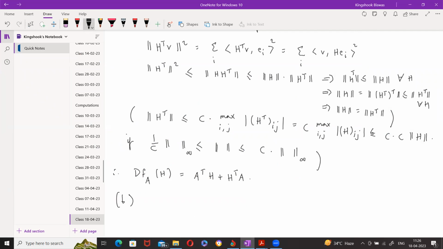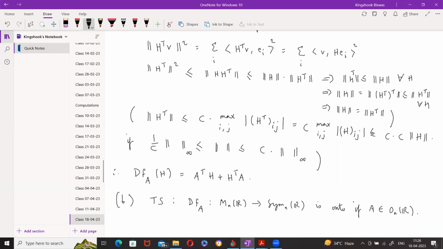So part B, you have to show that the map from M n R to Sym n R is surjective, is onto, if A belongs to O n R. So how do you do this?